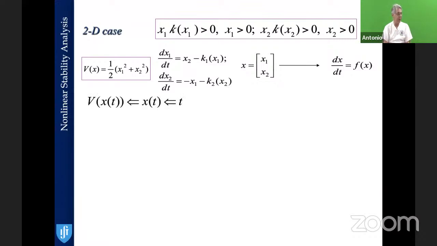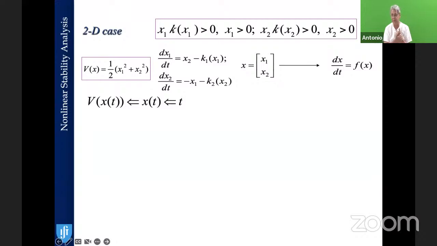Now, if you try to show that the derivative along time of this capital V is negative, you have to think of how you construct the Lyapunov function. So time is flowing. As time flies, the x that sometimes we call the state is doing something that you don't care about. And once you compute x of t, you compute the value of the candidate Lyapunov function.